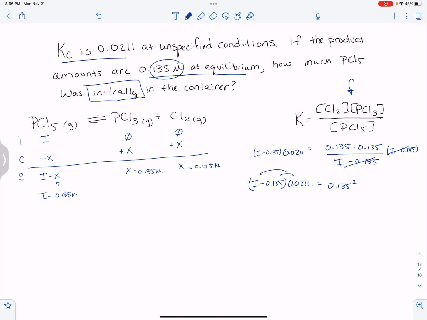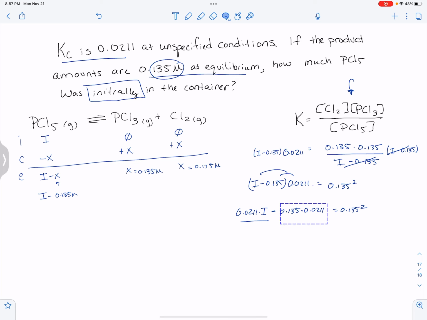So that makes 0.0211 times I, and then minus 0.135 times 0.0211. You could have that 0.0211 in the front or back, however you like to see it. Equals 0.135 squared. I needed this term by itself. I do not need anything else in that area.